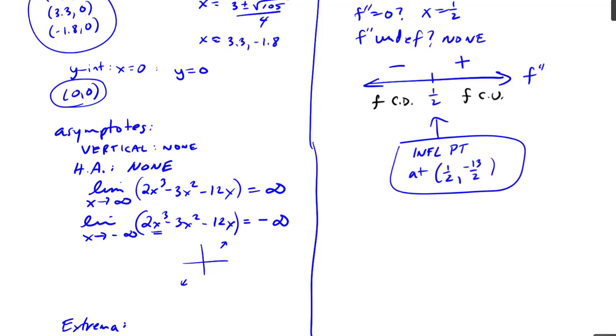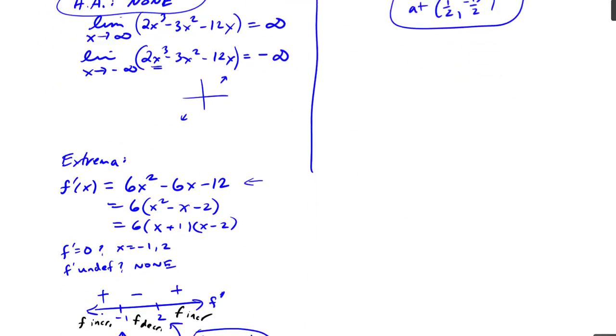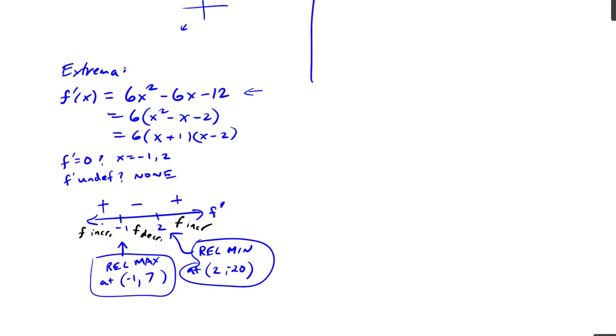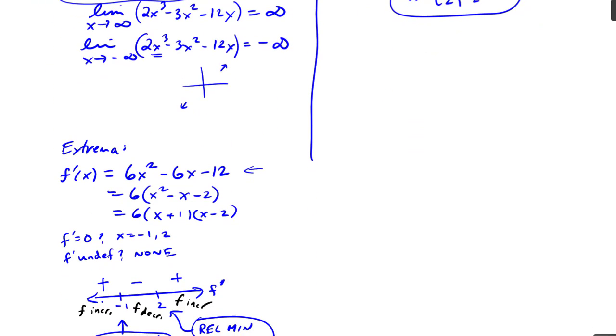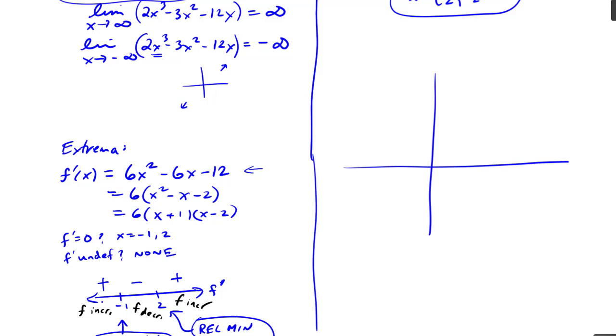Alright, so I had no asymptotes, I had those intercepts, I had a relative max and a relative min, and I had an inflection point, and although it wasn't specifically asked, let's take a look at this.